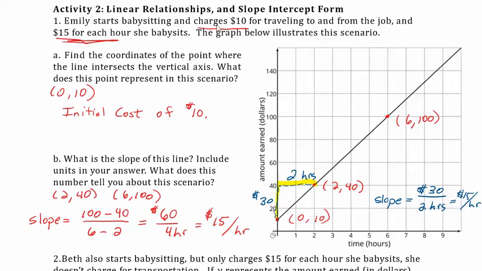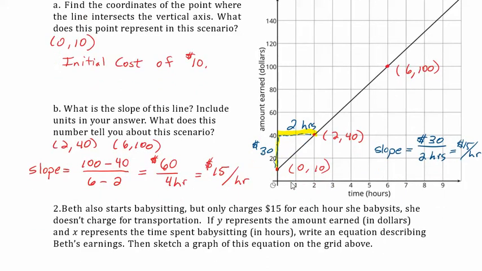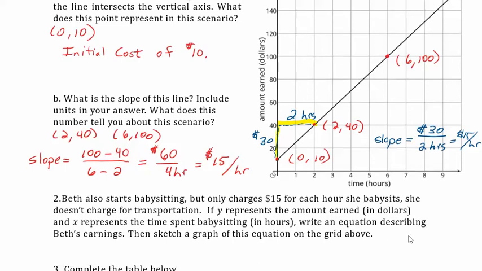So that was Emily. This is how Emily charges for babysitting. Let's look at number 2. Beth also is a babysitter, and she charges $15 per hour she babysits, but she doesn't charge anything for transportation. If y represents the amount earned in dollars and x represents the time spent babysitting in hours, write an equation describing Beth's earnings.